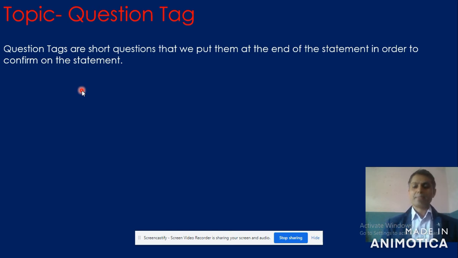Now let's look at the basic, core information on question tags. A positive statement takes a negative tag. Never forget, if the statement is positive, it takes a negative tag, and vice versa.